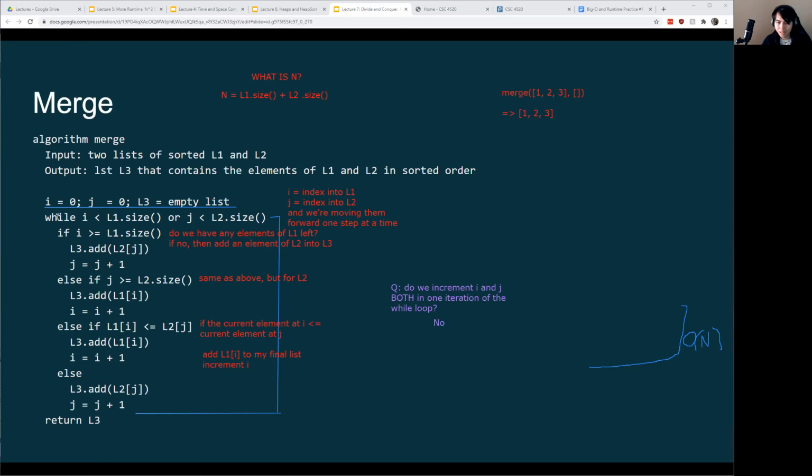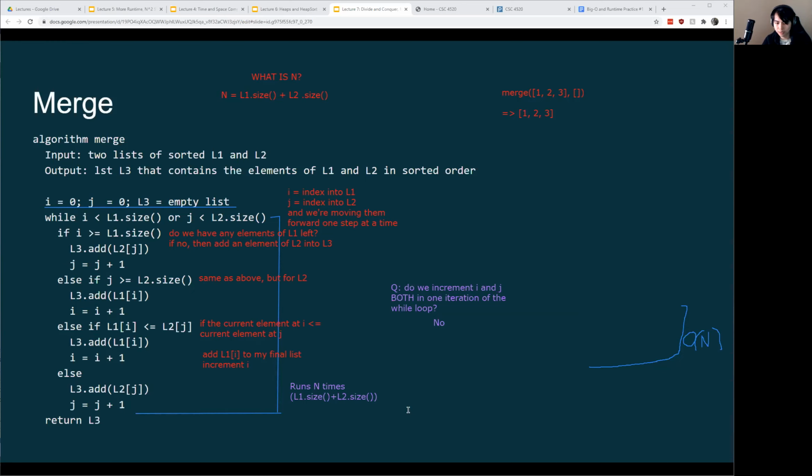Which means that the overall runtime of the while loop runs in L1.size plus L2.size times, because we increment both of these indices I and J until they are equal to this and this, right?